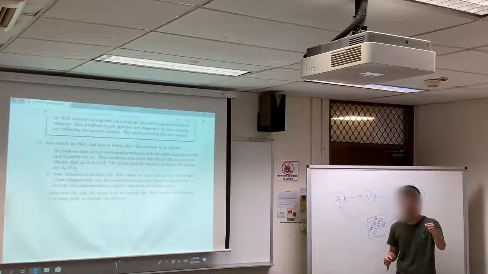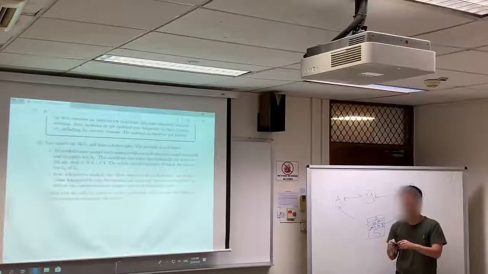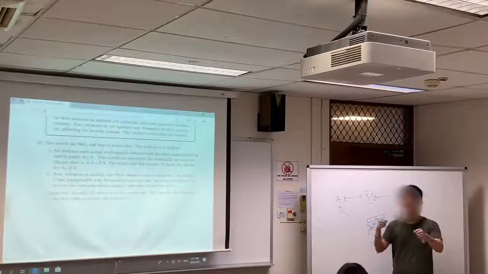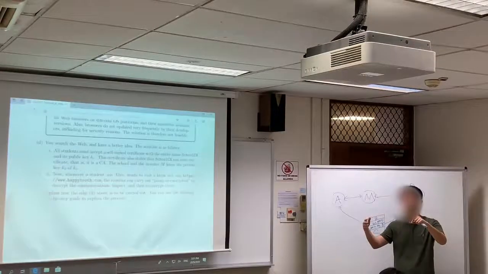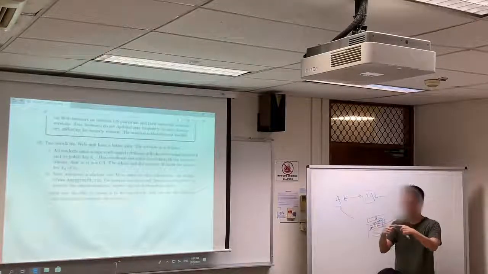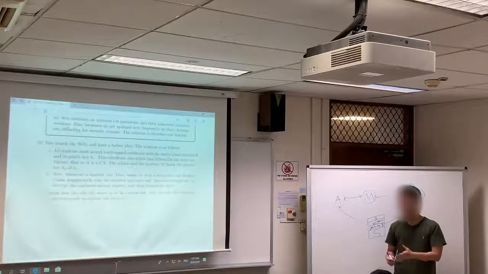Let's suppose there is Alice and there is Bob, and they want to communicate with each other. The first step is that Alice and Bob handshake. They want to know you are Alice and you are Bob. After they confirm each other's identities, they generate a session key to do the encryption.